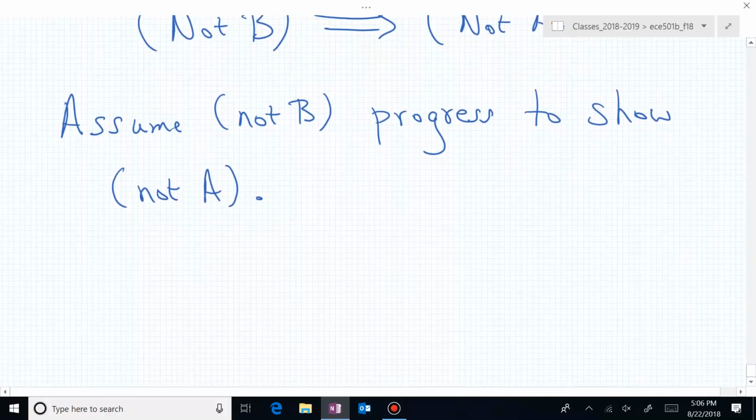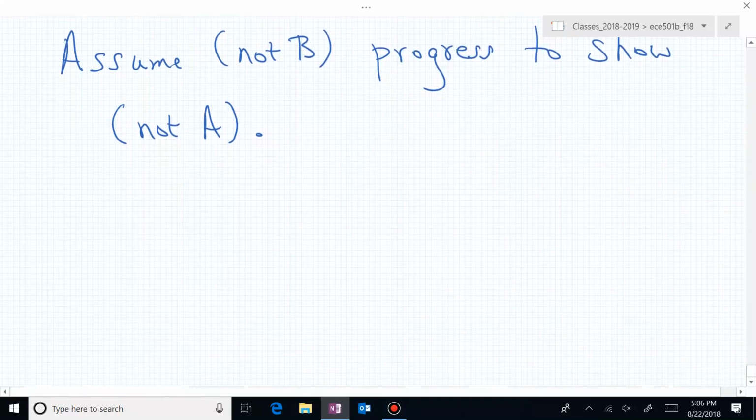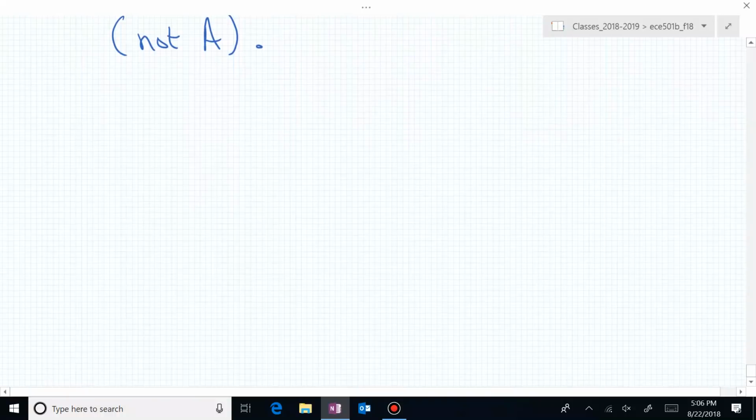You're probably thinking, why? I'm a little older than 2 and I'm still asking why. Where does this come from? Well, the two are logically equivalent. And we can show that by looking at the truth table of A implies B and the truth table for not B implies not A. And we'll end up with the truth tables being the same. Let's just show that for completeness.